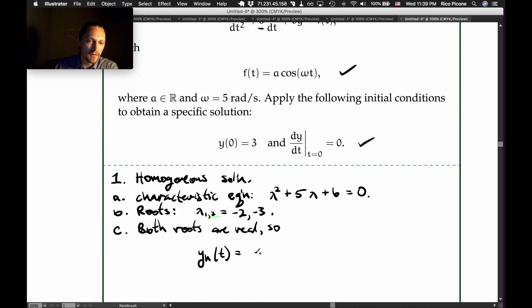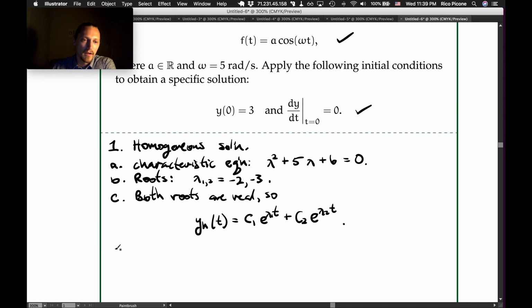So there's two roots, two terms: C1 e to the lambda 1 t plus C2 e to the lambda 2 t, where we now know what lambda 1 and lambda 2 are. And that's our homogeneous solution.